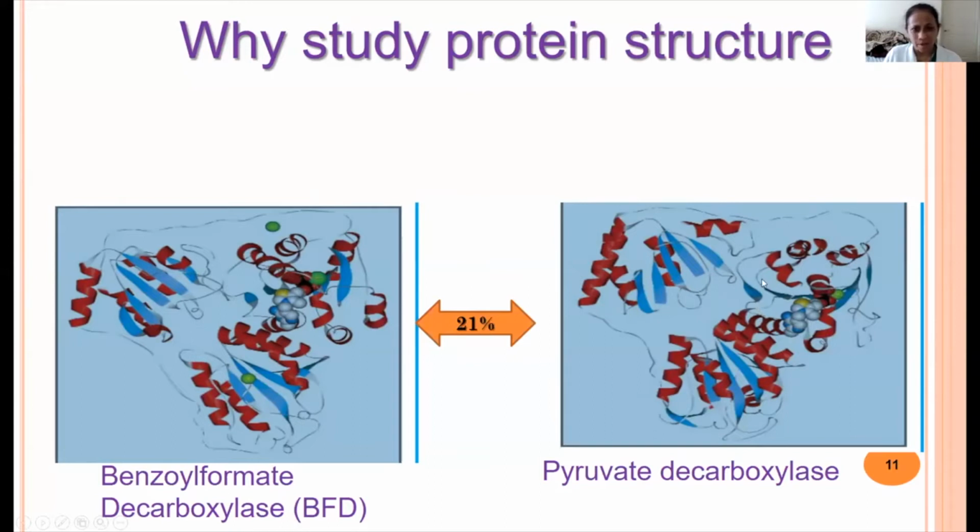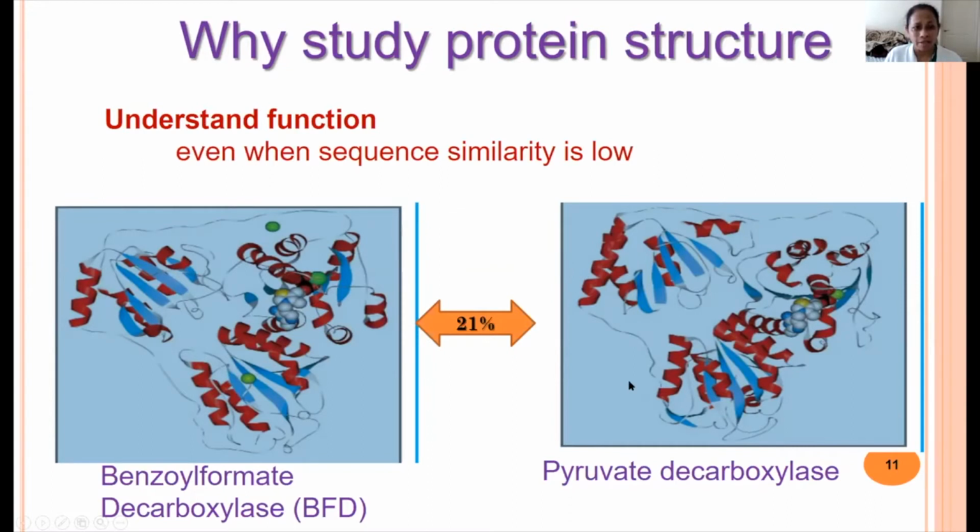Two proteins that have only about 20% sequence similarity or identity can still have the same structure, right? These are different enzymes, right? We make a lot of assumptions in science, right? So in order to understand function, even when the sequence similarity is very, very low, to find the relatedness between two sequences, we cannot just do a BLAST, look at them and say, oh my God, they're only 20% similar in sequence.